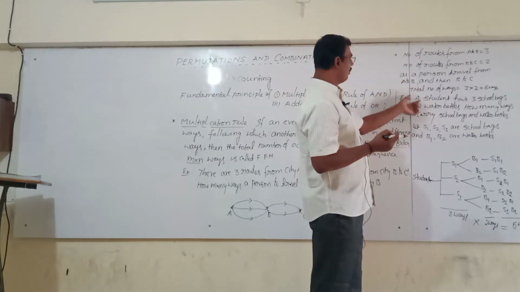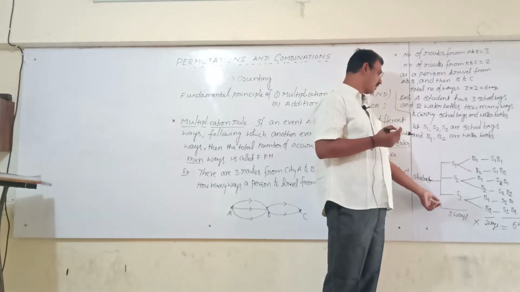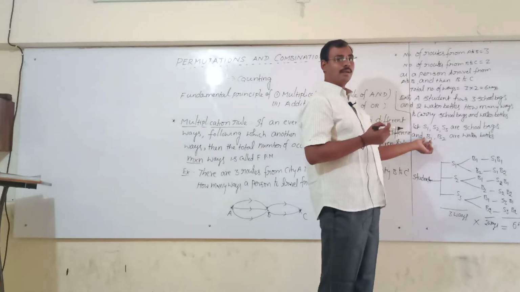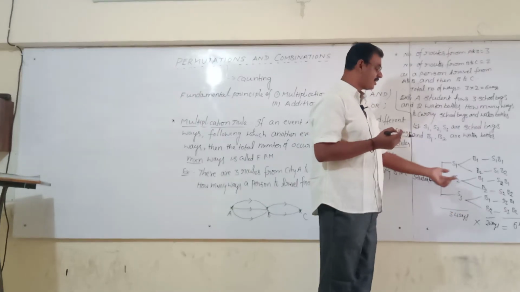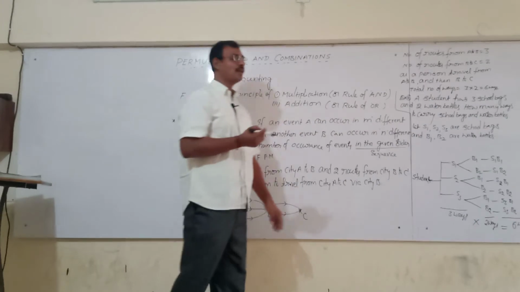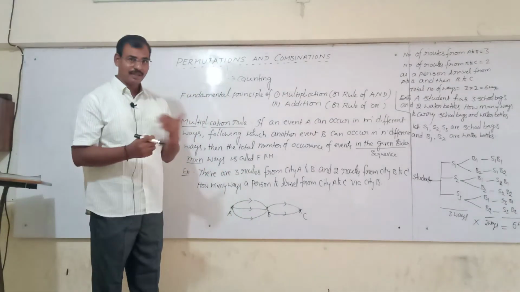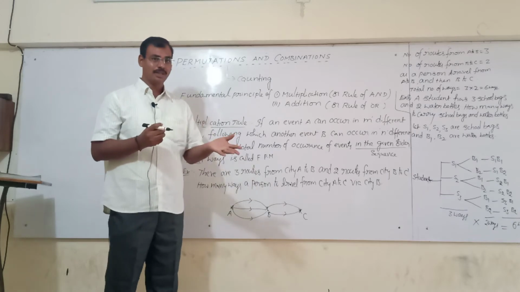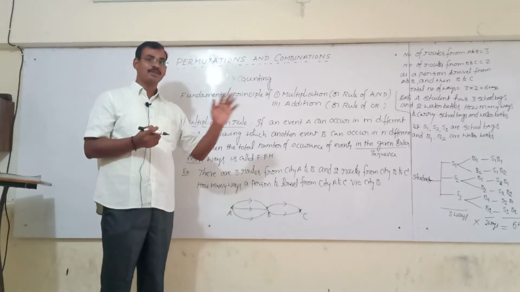Like here also, what is the first event? School bag, 3 ways. What is the second event? Water bottles, 2 ways. Total number of ways is equal to 6 ways. So this is the simple rule we always have to use. With only a shirt worn, can he go outside?